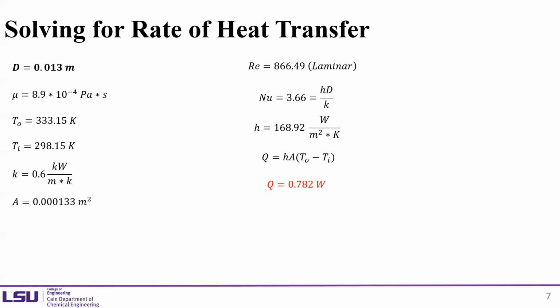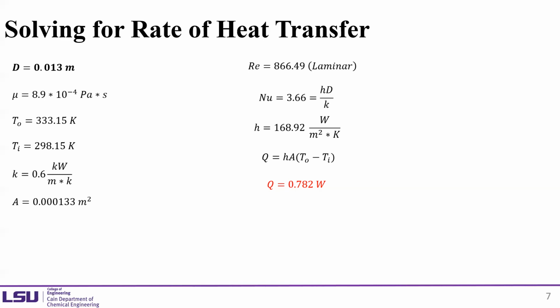So the diameter for my starting one was 0.013 meters. And then I managed to get all the values, as you can see down below, that are associated with water. The temperature in is the water at room temperature, and then the T out is the overall temperature of the computer as it's undergoing the stresses of playing the game.